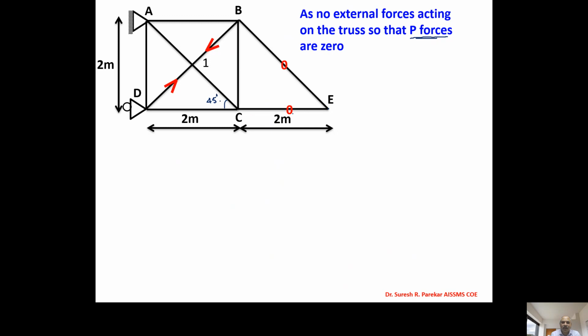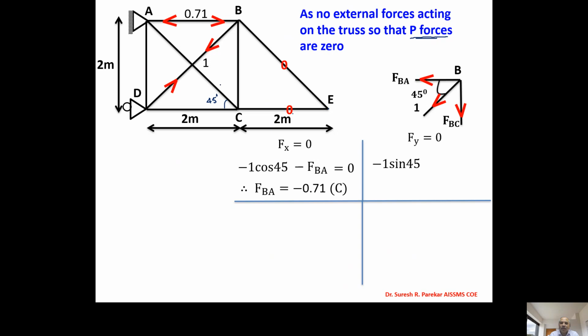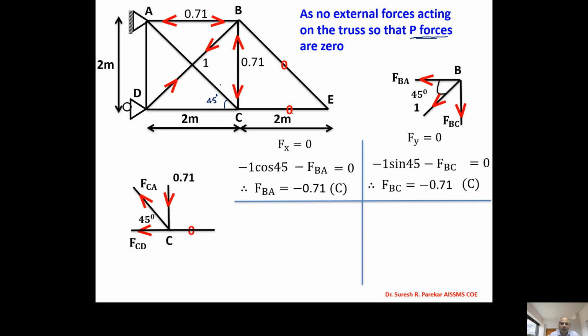For an isosceles triangle we get 0.71 compression, and AC we have 1 tension. Considering joint B separately, using summation Fx equal to 0 we get FBA, and using summation Fy equal to 0 we get FBC. Both are compression.